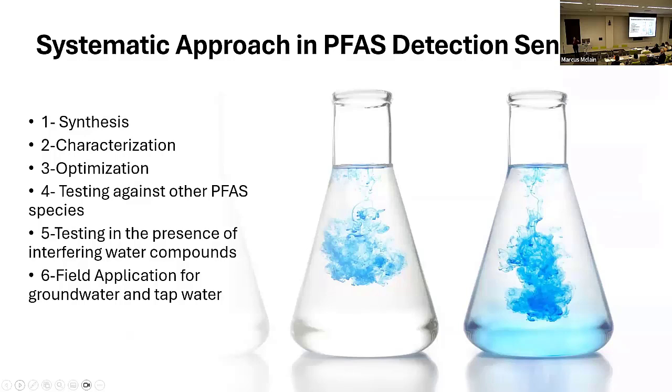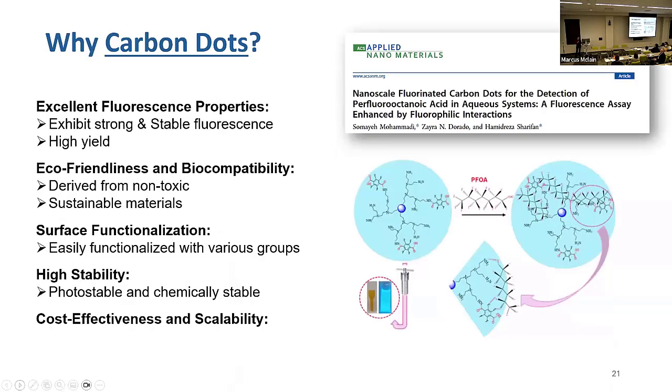And then testing other PFAS compounds, plotting a calibration curve, and finding the lowest concentration we can detect. And the last and most important part is field application. I mean, detecting this kind of target in real samples, like groundwater, well water or tap water.